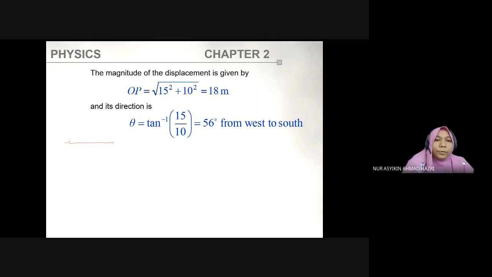Okay, so contoh, we have this angle here. Okay, so this is your vector. Let's say we have this vector R. Alright, so this is your resolution vector of y component. This is resolution vector of x component. Okay, so this is your magnitude. So you already find using this equation. So what's the angle? How we find the angle here?